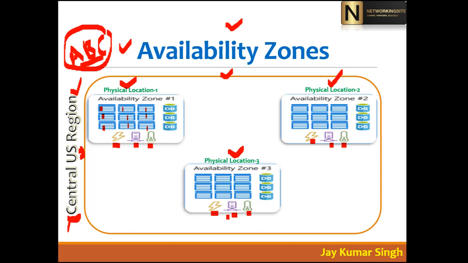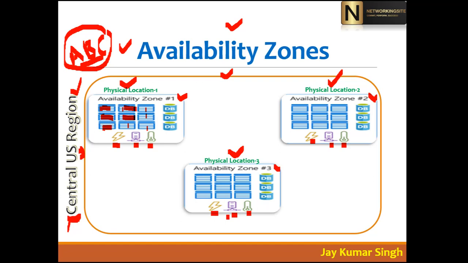Central US is divided into three availability zones: availability zone 1, availability zone 2, and availability zone 3. In availability zone 1, Microsoft has kept a separate data center, separate servers.